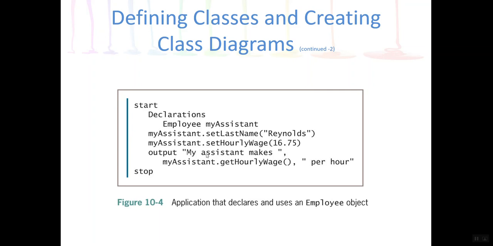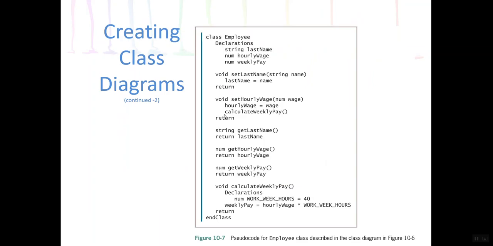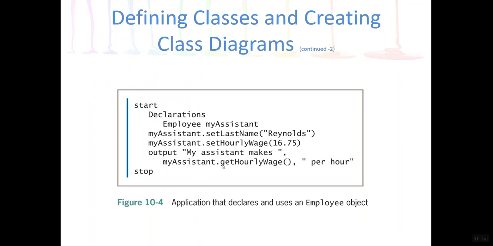So again, here I wanted to output my assistant makes, and then I wanted to print out how much money he or she makes per hour. So I knew that my object had that data. It stored the data in the hourly wage variable, which I could access via get hourly wage. So this method will return back the hourly wage. So I had to only refer to that object dot get hourly wage.